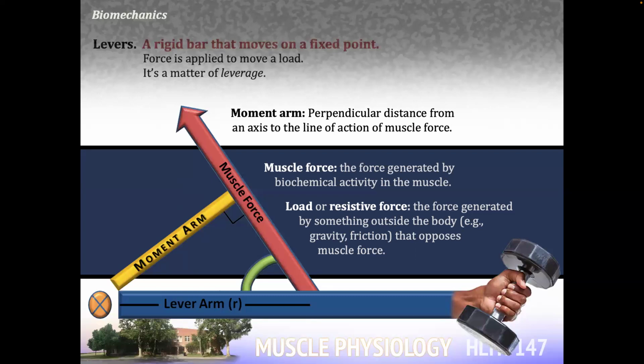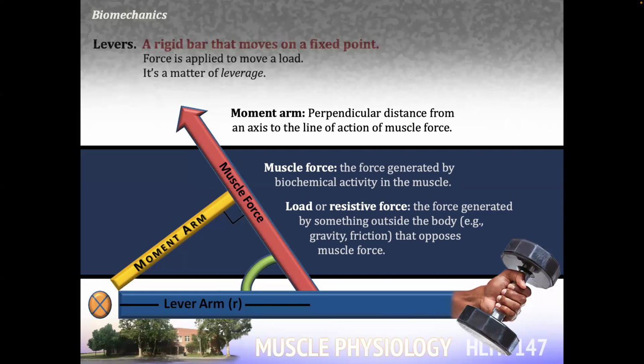And it's the distance from the axis or the fulcrum, which in this case is just the elbow joint, to the line of pull of the muscle. Now, the moment arm of the load or of the resistance would essentially be the length of the lever arm here. It goes from the fulcrum, from the elbow, to the center of mass of the load.